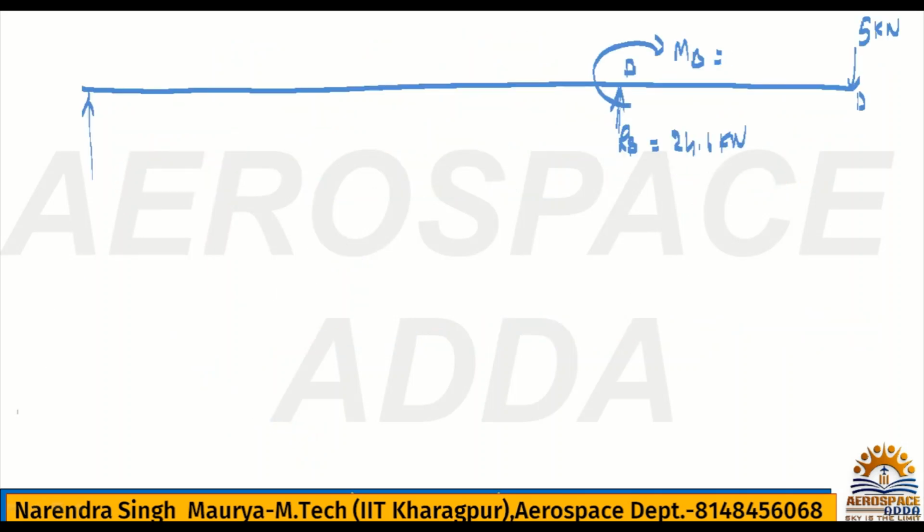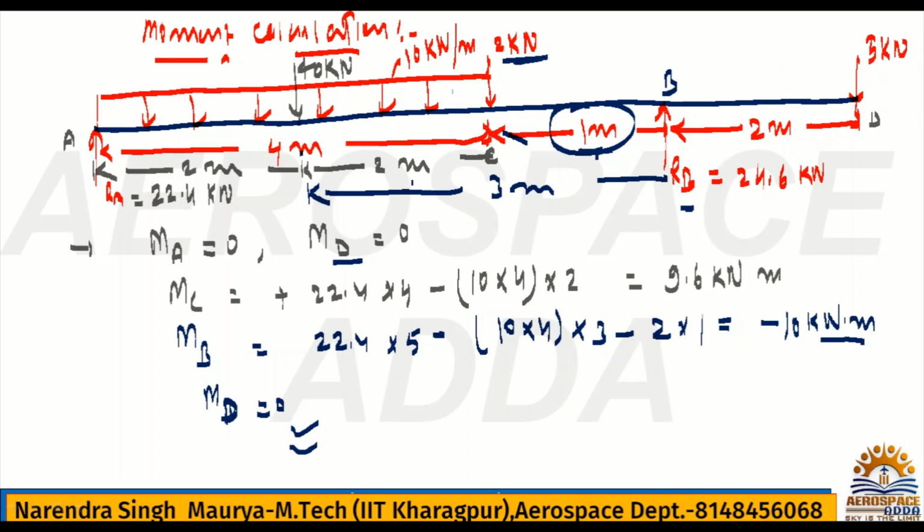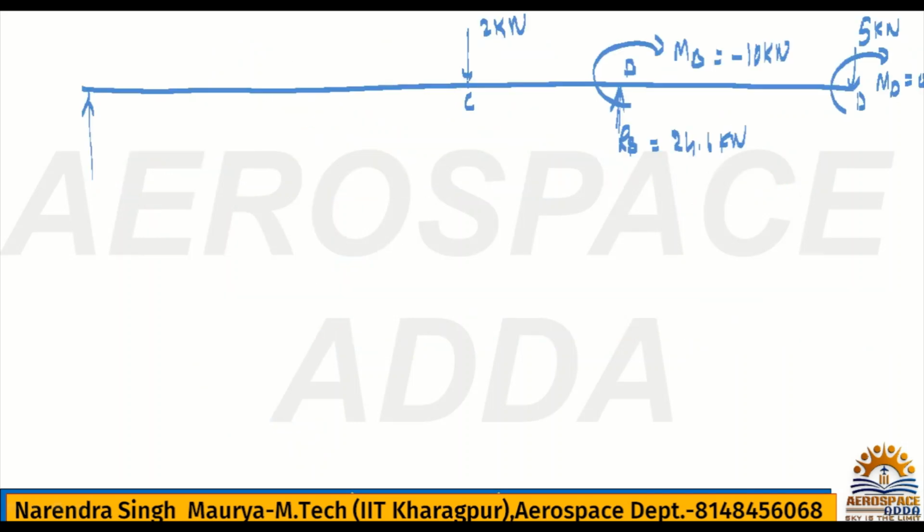So minus 10 kilonewton, and here MD you got 0, and then one more point which is nothing but C. You just say 2 kilonewton, this is point C, and at point C if you check what is the moment you have calculated at point C, it's nothing but 9.6 kilonewton.